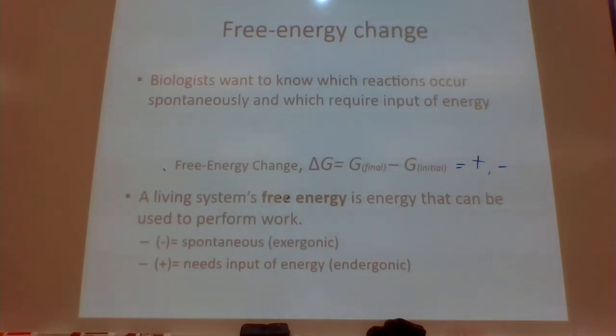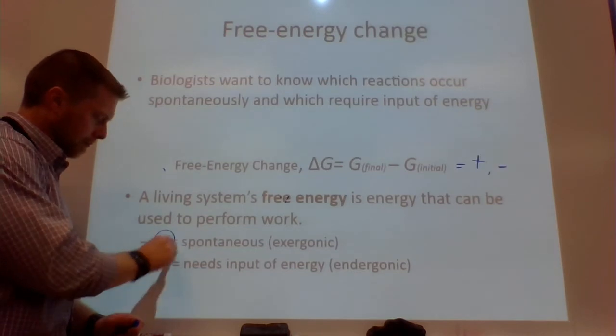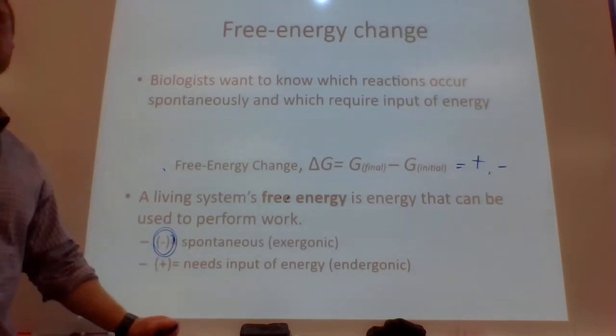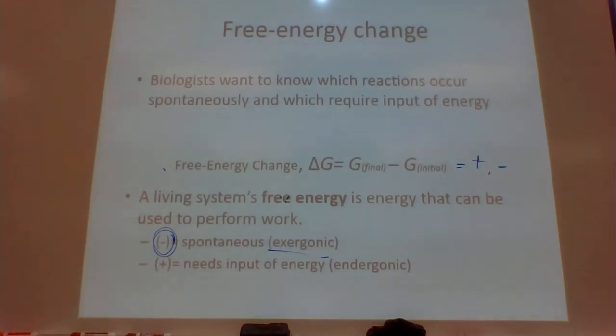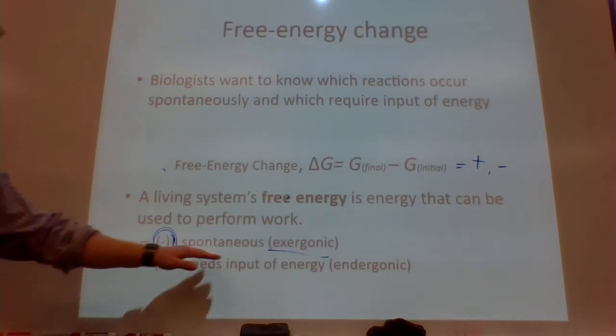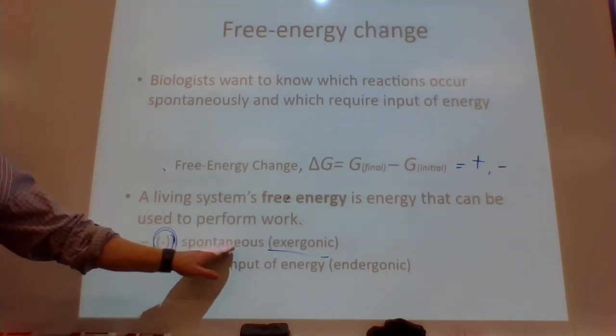So if your delta G is a negative number, it tells you that your reaction is exergonic. If a reaction is exergonic, is it consuming energy or is it releasing energy? It's releasing energy. A chemical reaction that releases energy is referred to as being a spontaneous reaction.